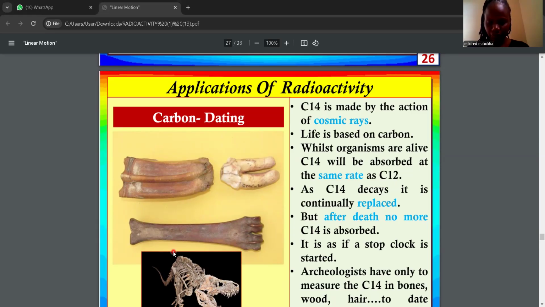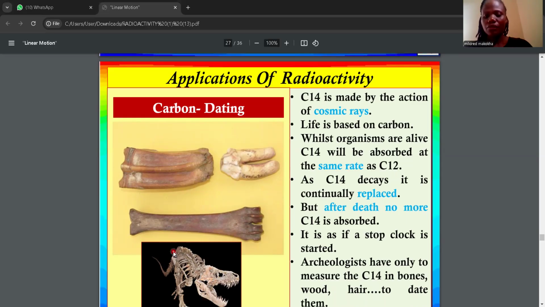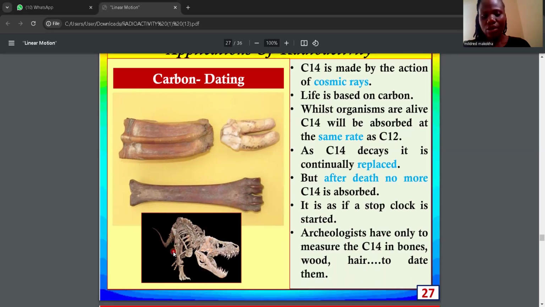We die. So archaeologists trying to find the age of a certain fossil simply need to measure the C14 in our bones, maybe in our hairs, or in the wood, so that they are able to date the fossils.